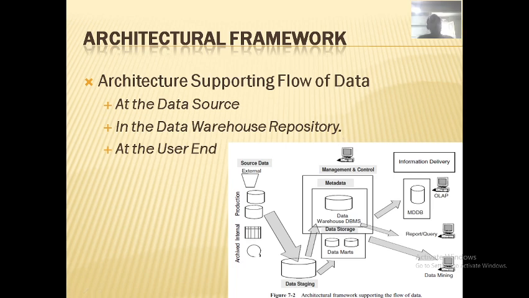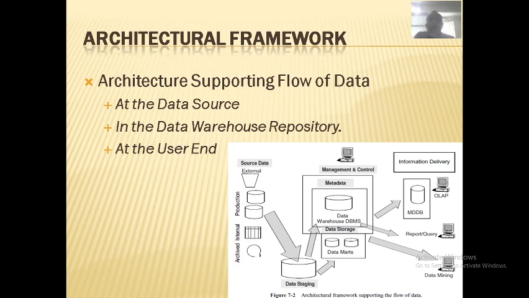So now let us look into this architectural framework, how it supports the flow of data, because we need to flow the data from sources to end users. From the source to data staging, from there to data storage, from there to end users.